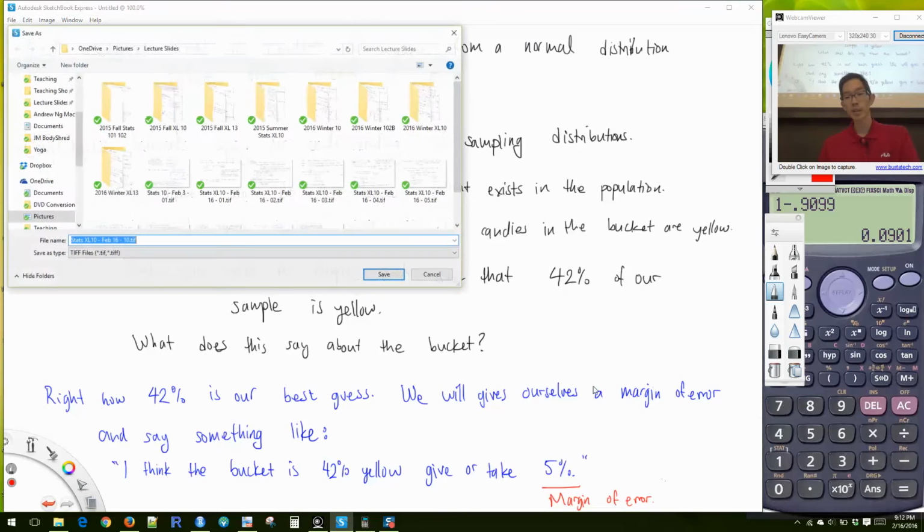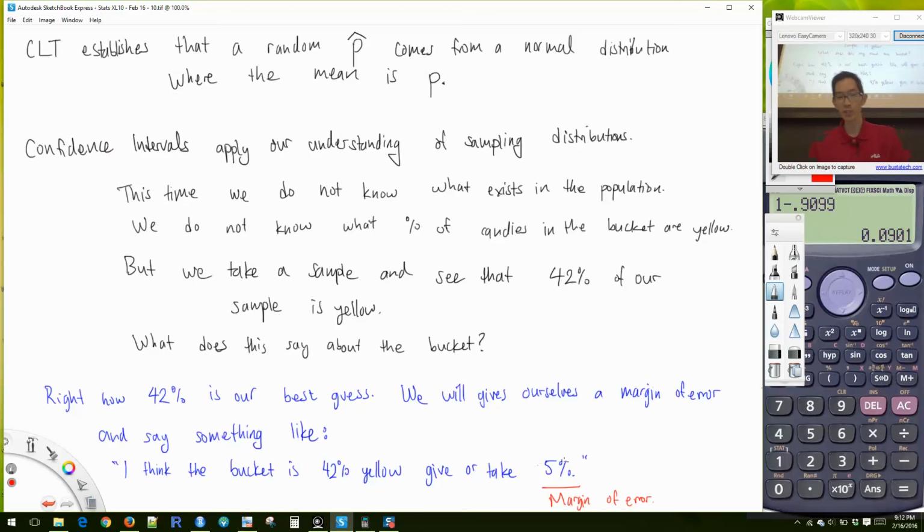This margin of error, I kind of just made it up on the fly, but there are actual formulas that give us an exact value for the margin of error that we should use. But this is the idea of a confidence interval. We look at a sample, and whatever we see in the sample is our current best guess, which makes sense, because assuming it's a random sample, we don't know if by random chance we got too many of one thing or too little of another.